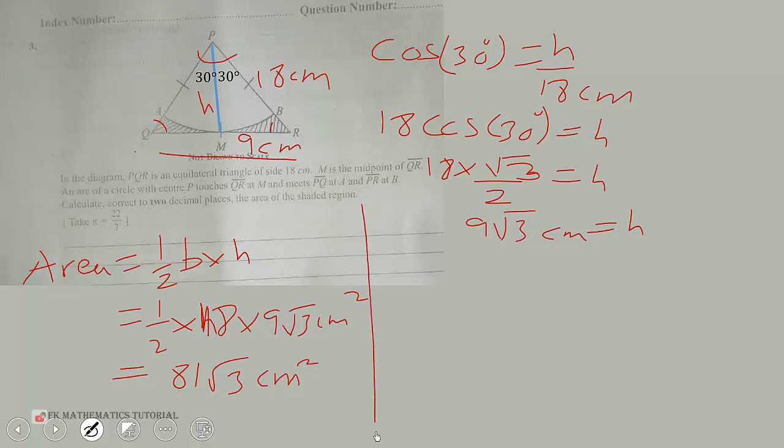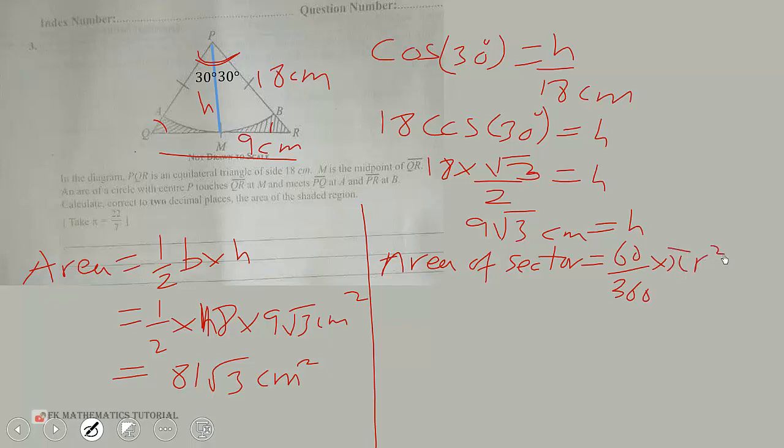Then we can find the area of the sector. Area of sector is equal to theta over 360 times pi r squared.